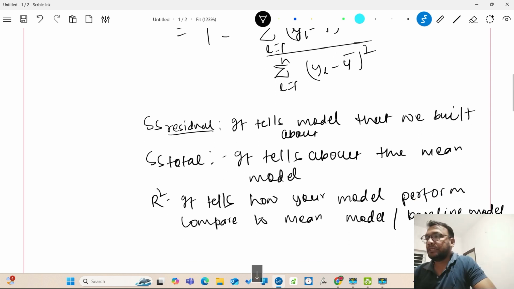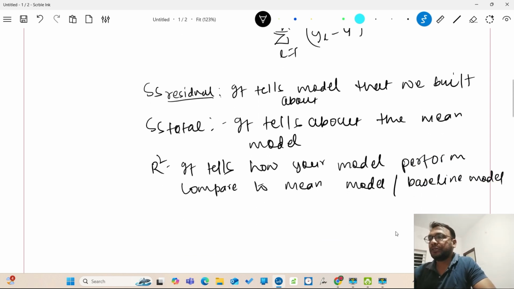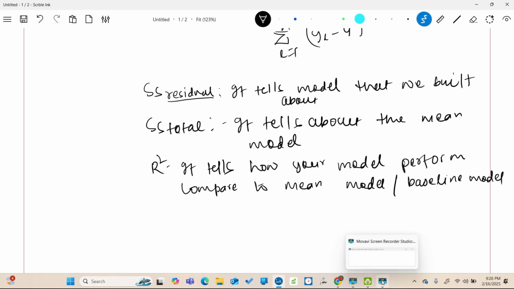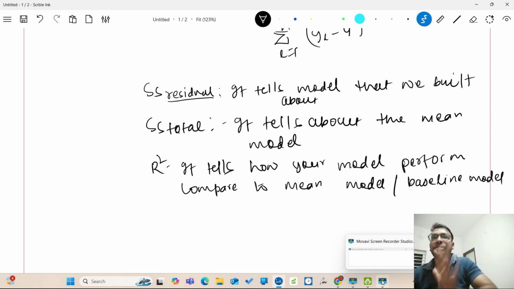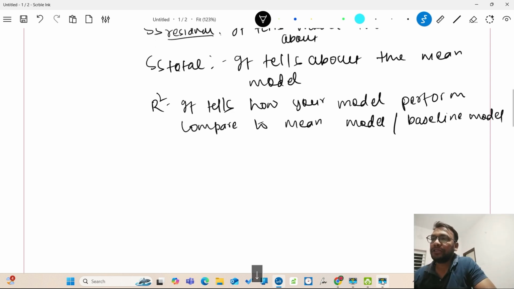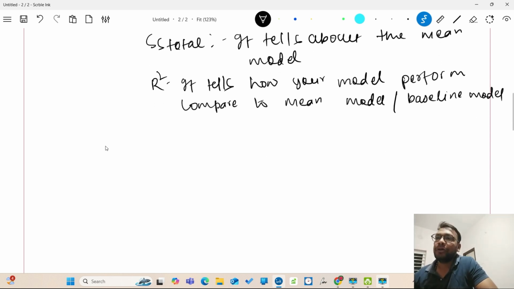Okay, so let's come to the other story. Now I give the geometric intuition of R square. This is the mathematical story, a mathematical calculation of R square. Now understand the geometrical intuition of R square.